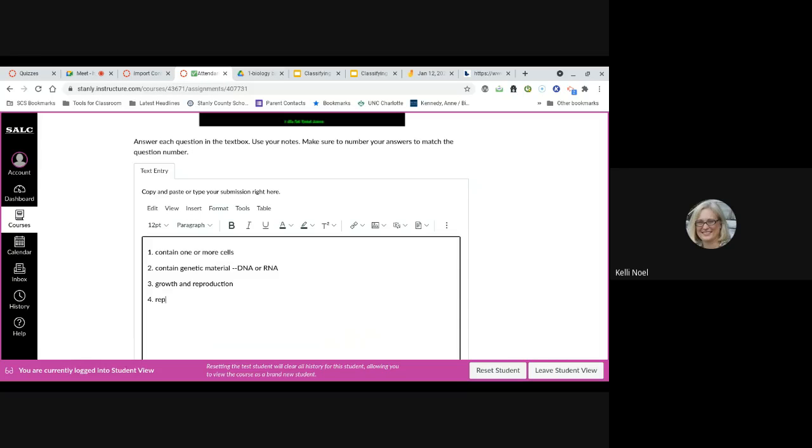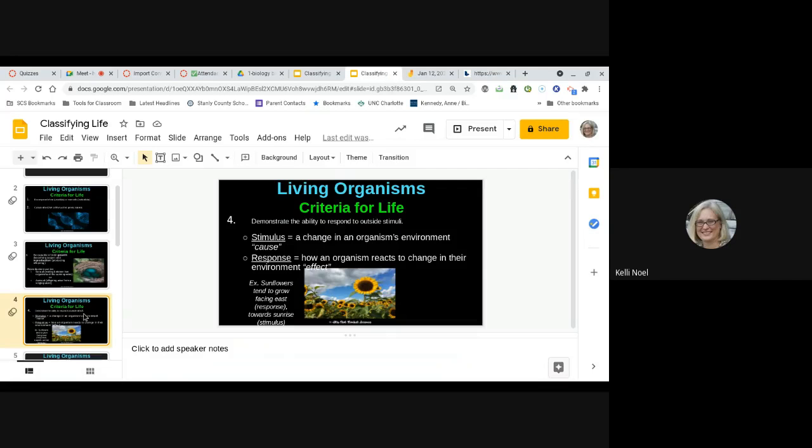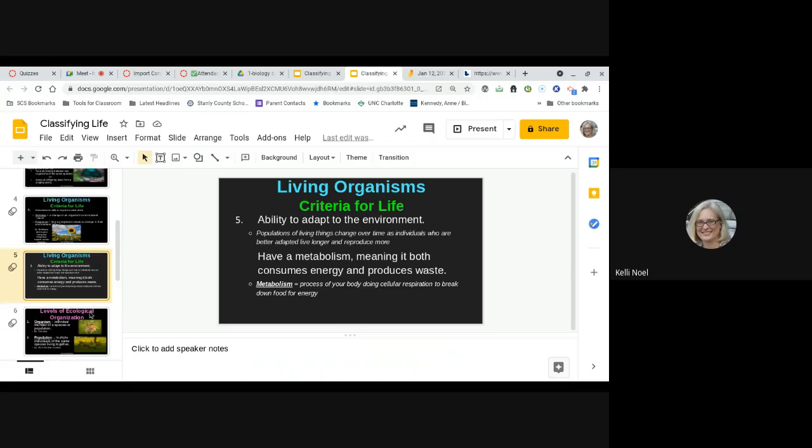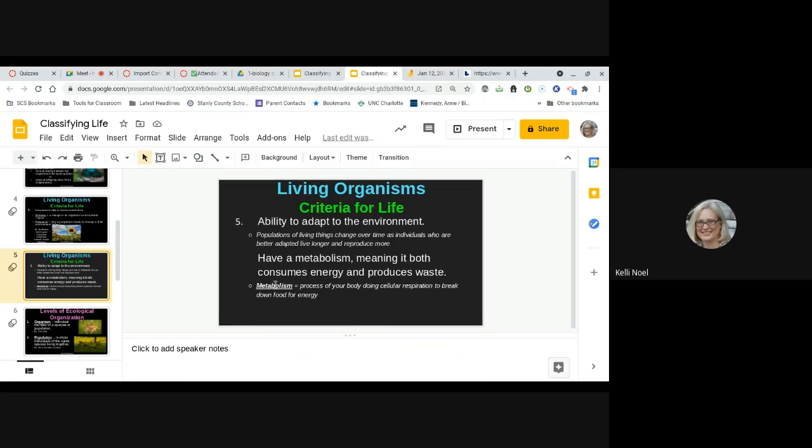And 4 is to respond to outside stimulus. 5 is the ability to adapt, and 6 is need energy.